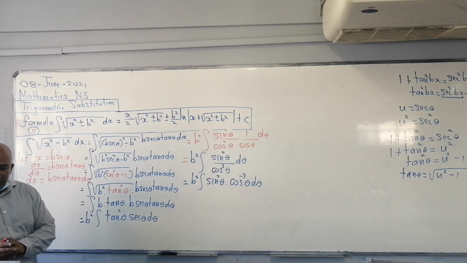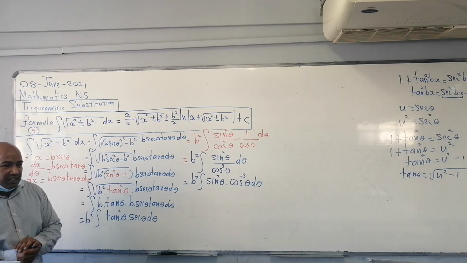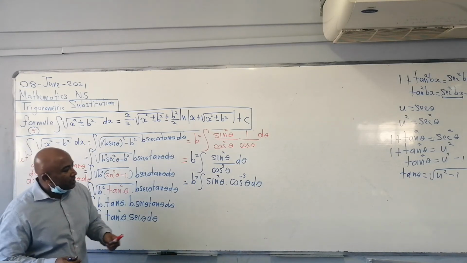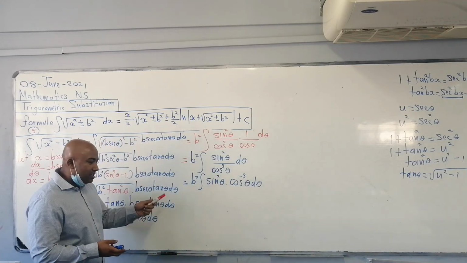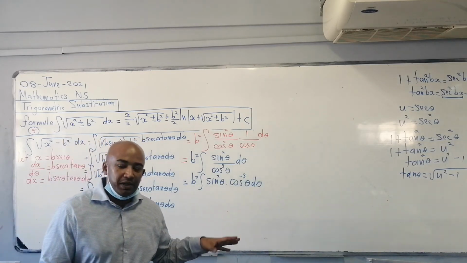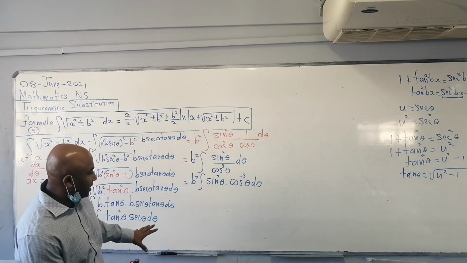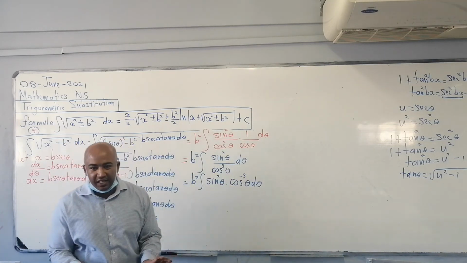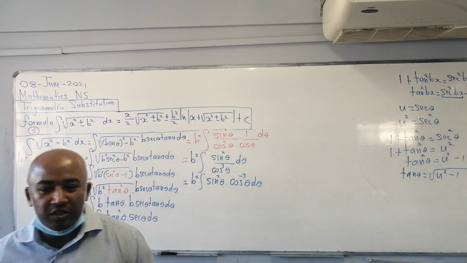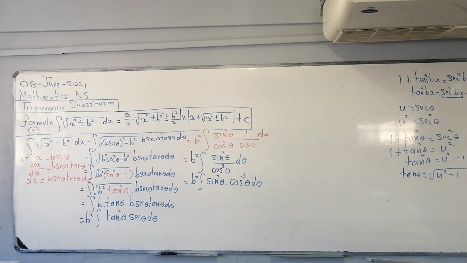Let me give you a chance to do this part and see if it's possible. What do you have here? Negative 3. Let me give you 2 minutes to think about this. Forget about the whole substitution thing now, I'm just talking about your trig functions. What would happen now?